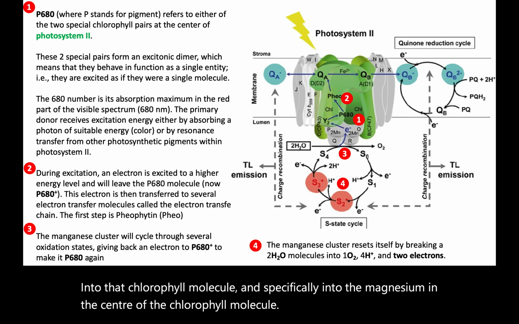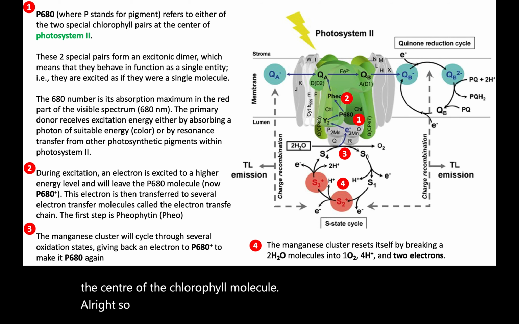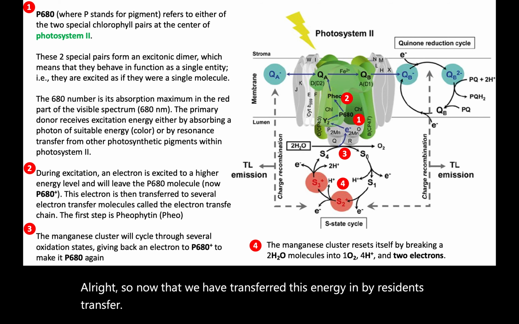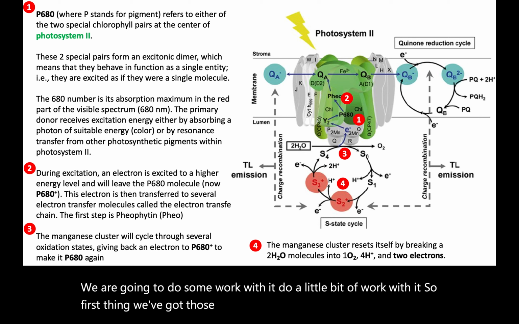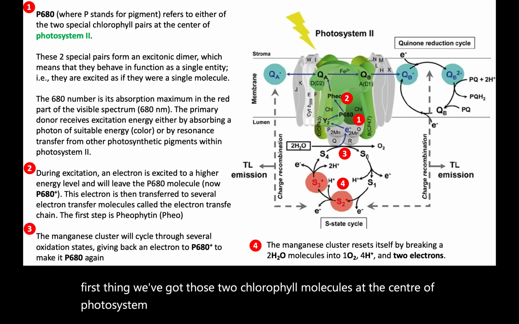All right, so now that we have transferred this energy in by resonance transfer, we are going to do a little bit of work with it. First thing, we've got those two chlorophyll molecules at the center of photosystem 2. And there's actually two pairs of these.